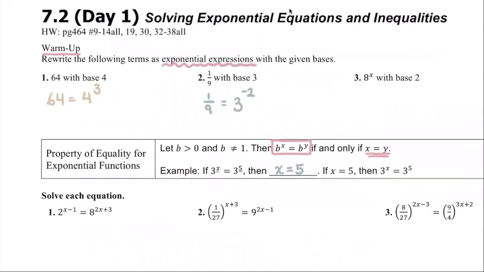Okay, now let's try number 3. Throwing in an exponent of x here. Let's see if you guys can figure this one out. So we got 8 to the x will be equal to 2 to what power? Ooh, close.